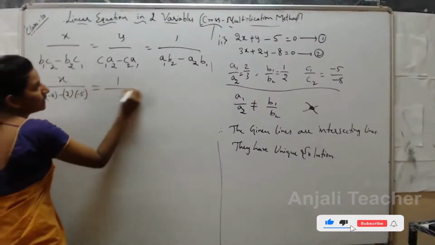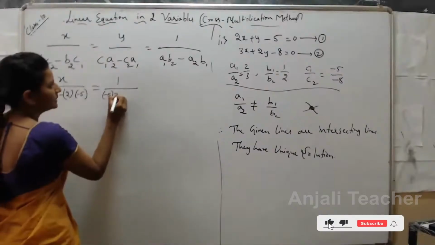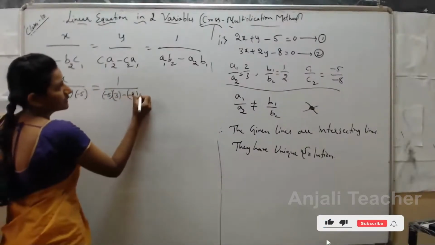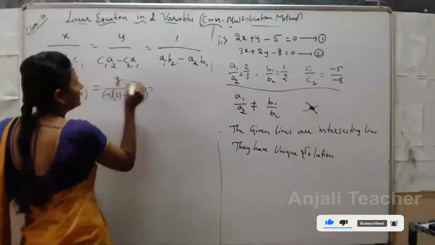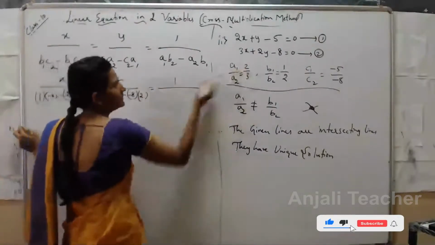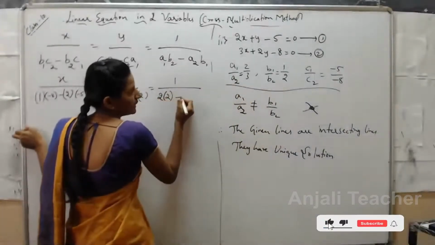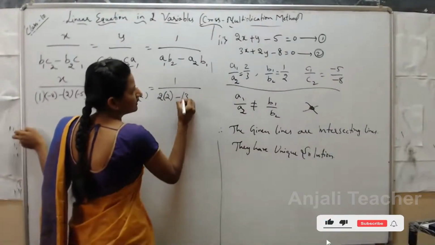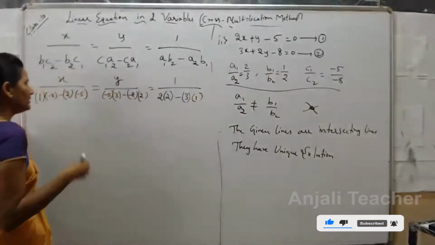So 1 by b1 c2 minus b2 c1, then c1 is minus 5, a2 is 3, c2 is minus 8, a1 is 2, and then 1 divided by a1 is 2, b2 is 2, minus a2 is how much? 3, b1 is 1. Like this you have to write and simplify.